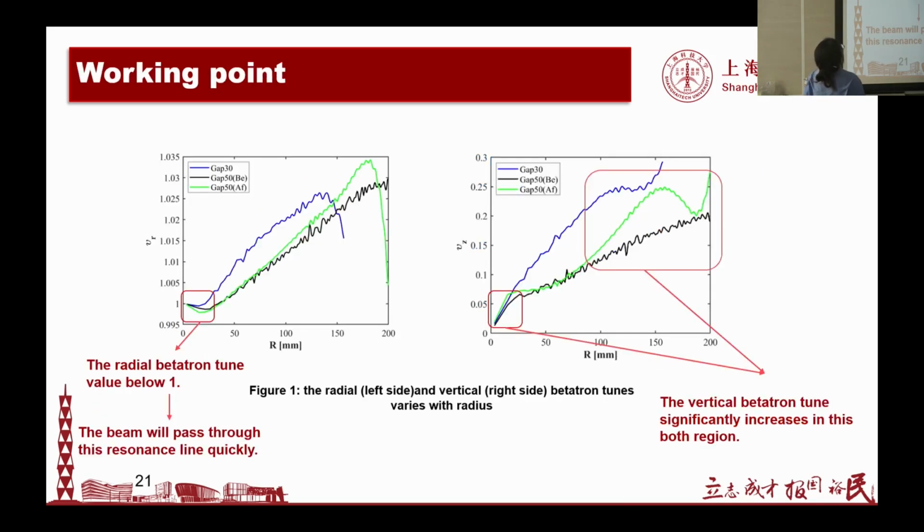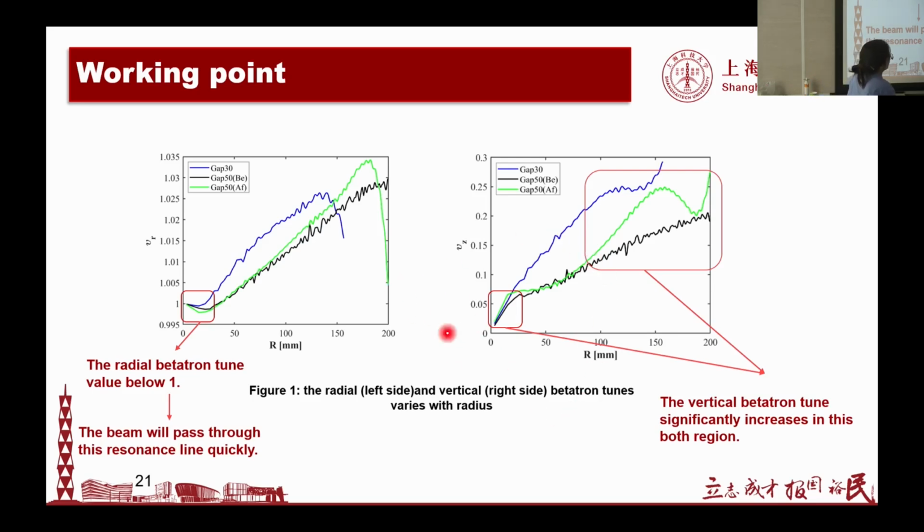This is the working point analysis. Figure 1 is the radial and vertical betatron tunes versus the radius. The green line is the optimized result.